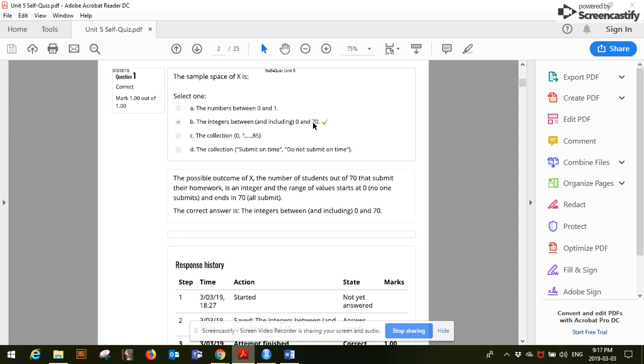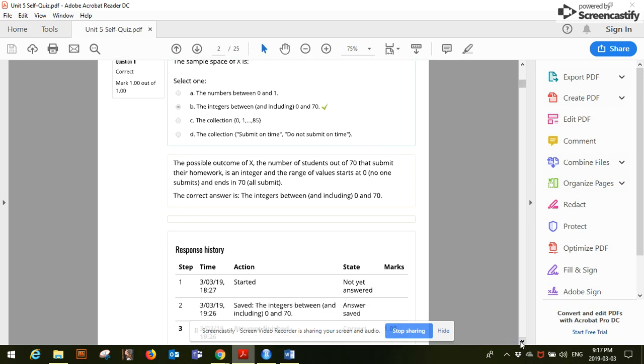So again, it is very important to understand what the random variable here means. It means that x is a random variable that defines all the students that submit their homework on time. So there could be 0 students that submit their homework on time. There could be 1, just like there could be 70 students that submit their homework on time. So that's why x is a range of values from that. So yeah, that's for the first question.